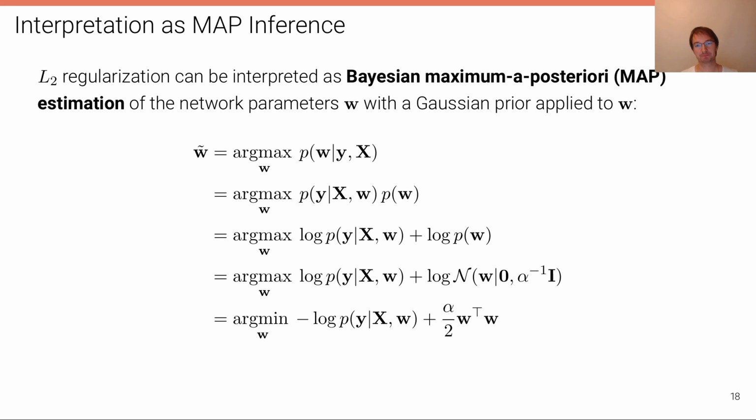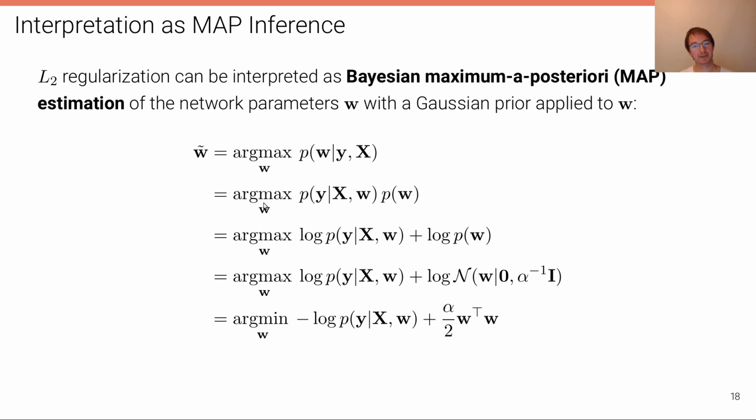For instance, when we consider L2 regularization, this can be interpreted as MAP estimation of the network parameters W with a Gaussian prior applied to W. Why is that? Well, here is the maximum a posteriori objective. So we are trying to maximize now the distribution over the parameters given the data.